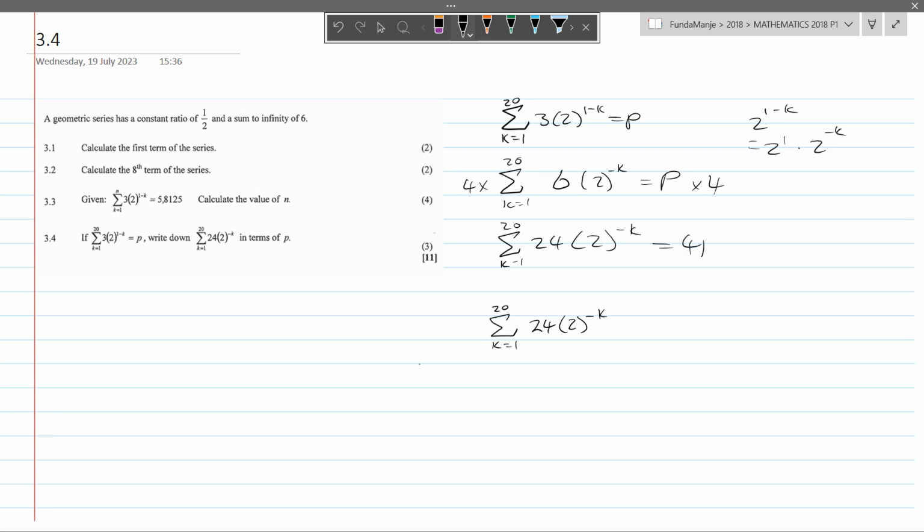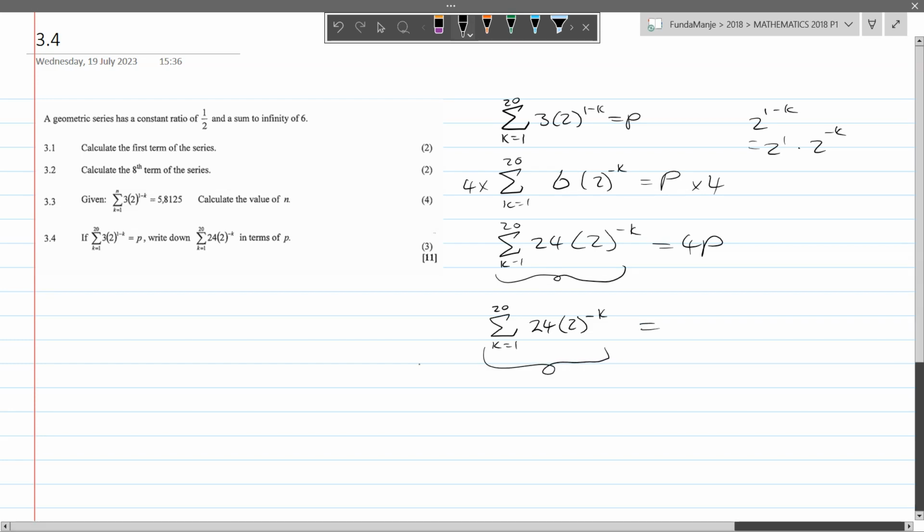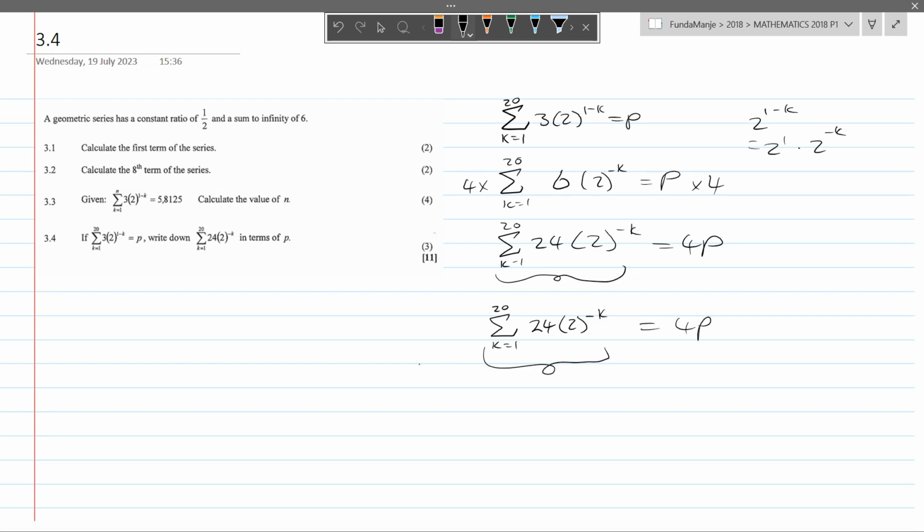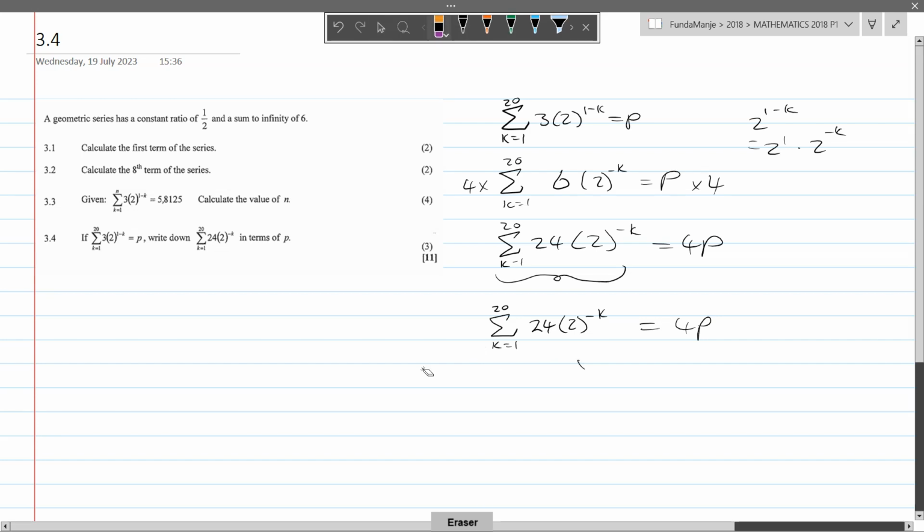This is equal to 4p, and we have expressed this like that, and we know that it is equal to 4p. That is one way to do it.